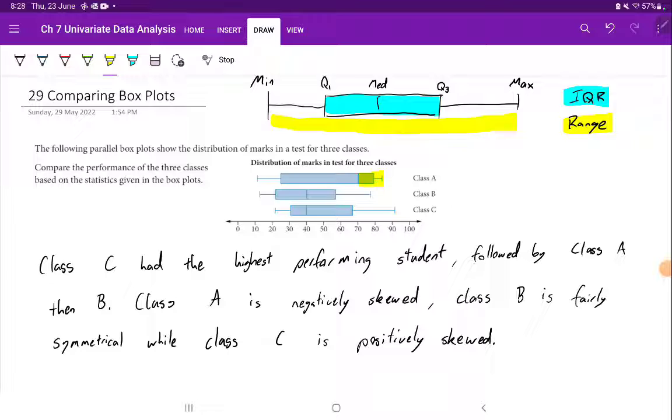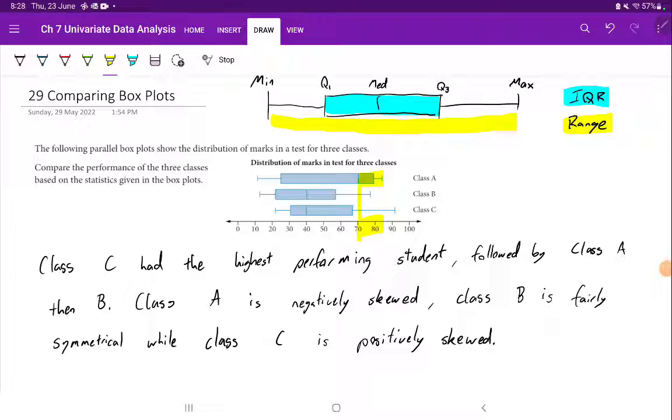Each chunk is 25%, and if we add 2 chunks together, we get 50%. So in Class A, 50% of them are a 70 or above, and we can see 70 on the x-axis. So Class A's upper 50% are really closely together, and they're all scoring quite well.